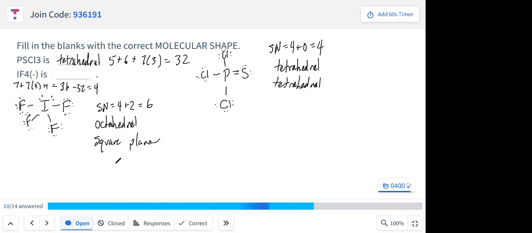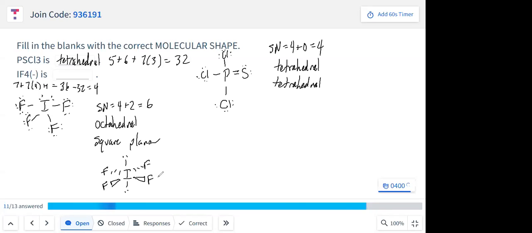And so if you're interested in how do I draw that 3-dimensionally, well, I've got iodine in the middle. And so my lone pairs need to be as far apart as possible. So they are going to occupy opposite positions. Most commonly, we use the axial positions for that, which would mean that the fluorines go here in the equatorial plane. This is where we get that square planar configuration.